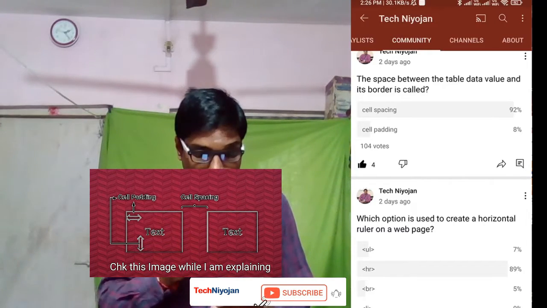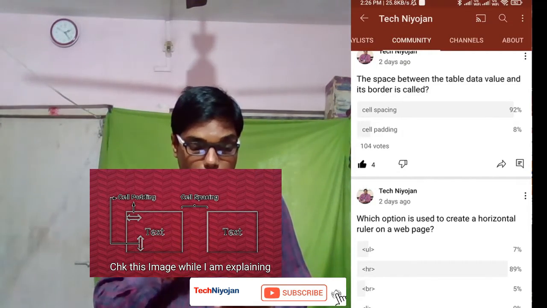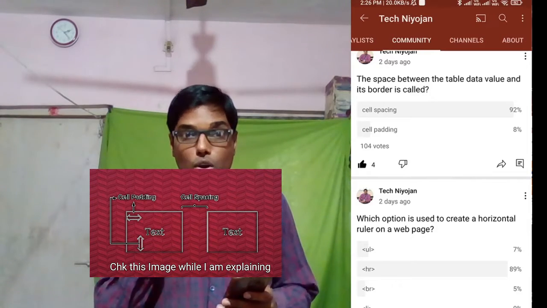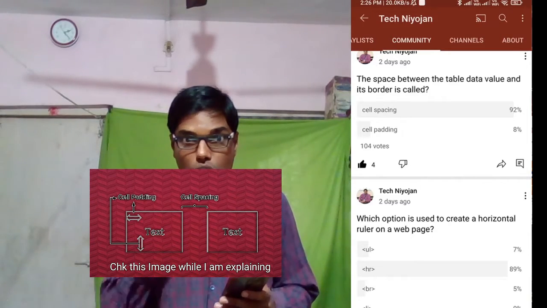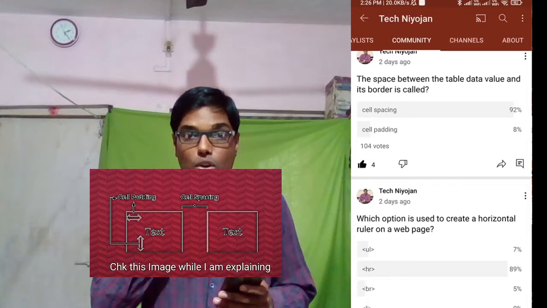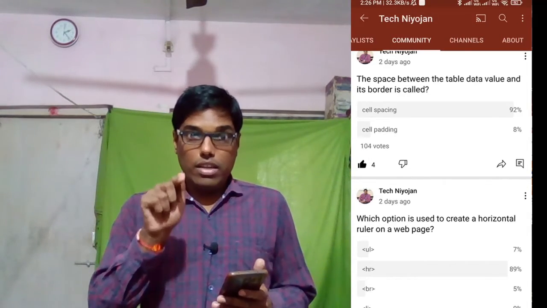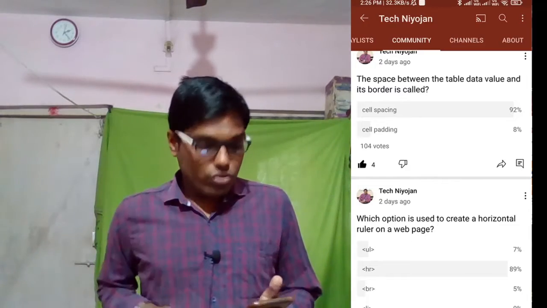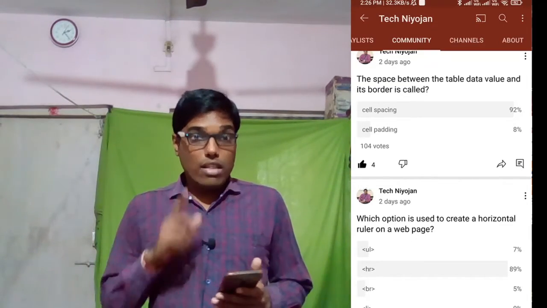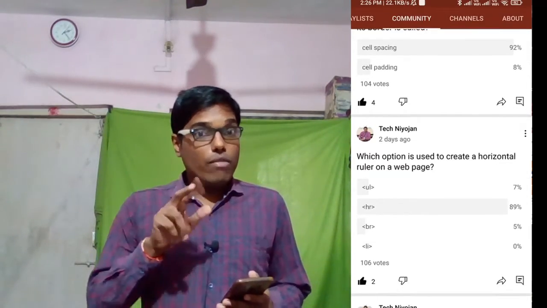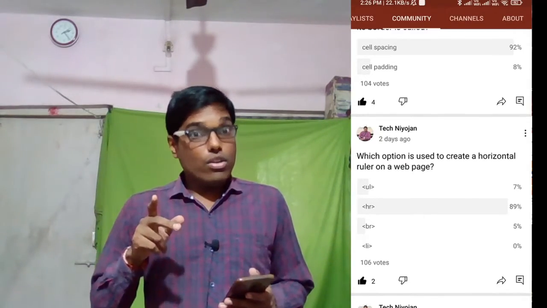But what is asked? It is asked as the space between the table data value and its border. That means the square, that is the border, and inside that border, the cell space. That is padding actually, right? So be careful, students. The answer is cell padding. Don't confuse with the question.